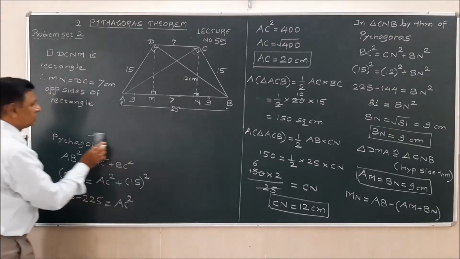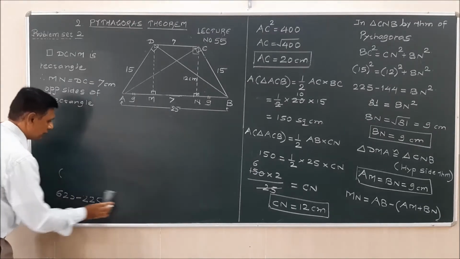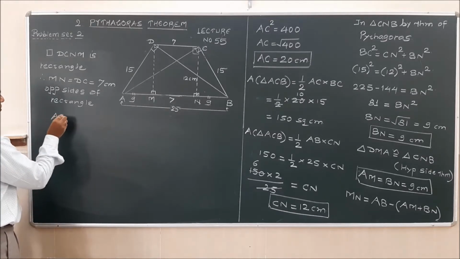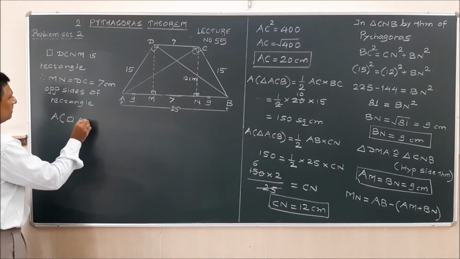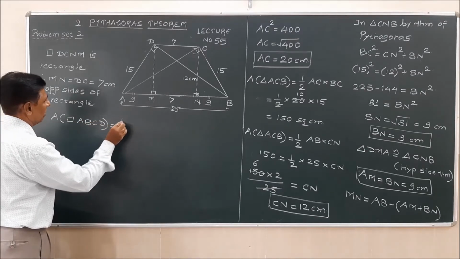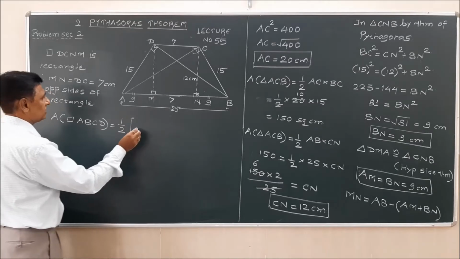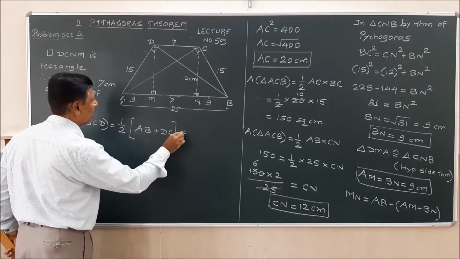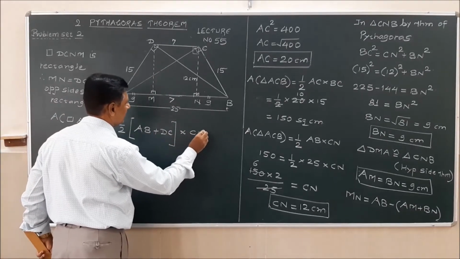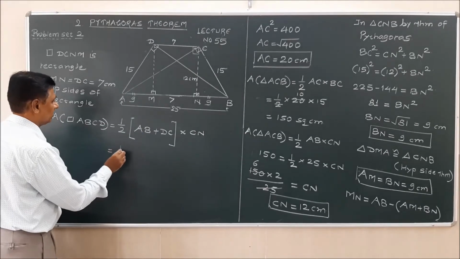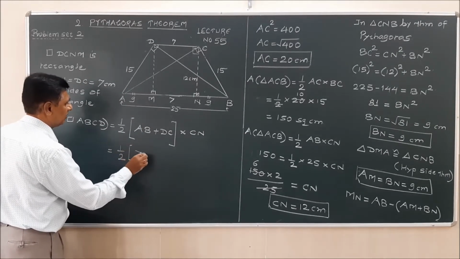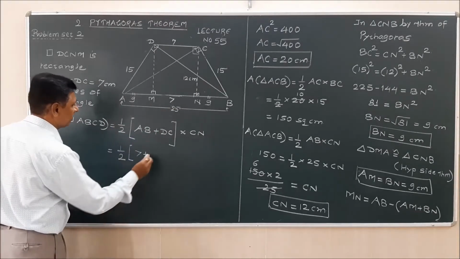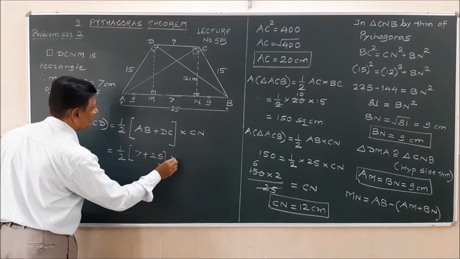We have come close to the final result. So you will find the area of quadrilateral ABCD is equal to half the sum of the parallel sides, that is AB plus DC, into CN. Sum of the parallel sides into the perpendicular distance between them: half of 7 plus 25 into 12.